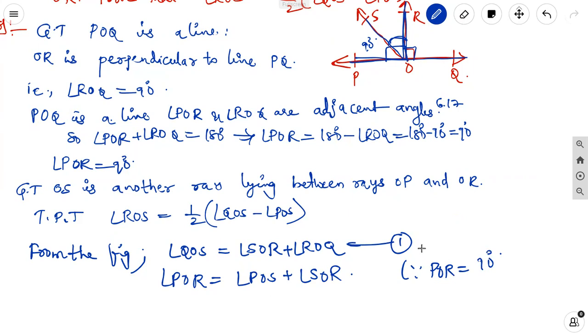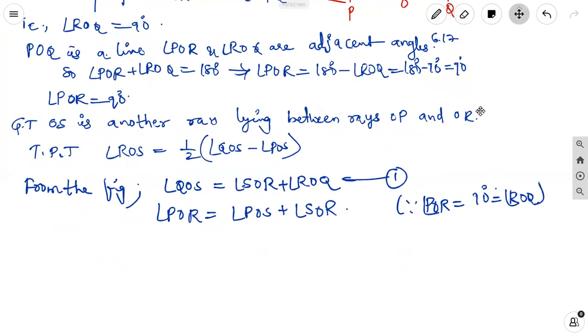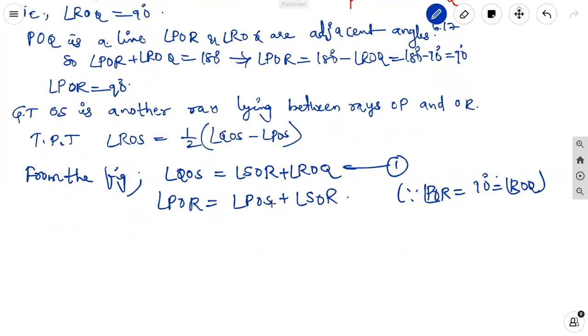ROQ is also 90 degrees. Angle ROQ and angle POR are both the same, so we can substitute. This is equation 2. Subtract 2 from 1, that is 1 minus 2.